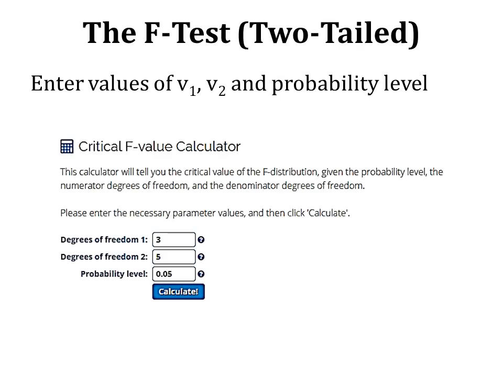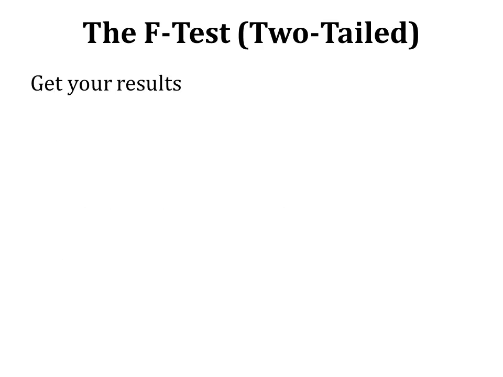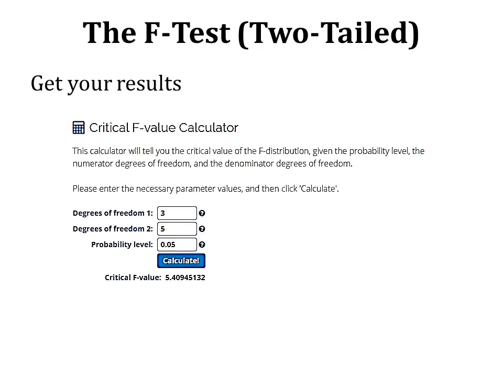And now enter the values of V1, V2 and probability levels. For example, the degrees of freedom for sample number 1 is 3, degree of freedom for sample number 2 is 5, and the probability level is 0.05. Now we press calculate and we get our results.